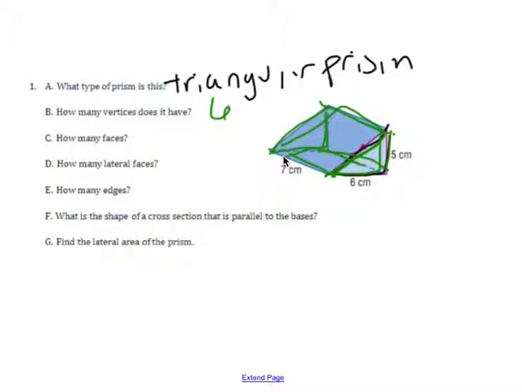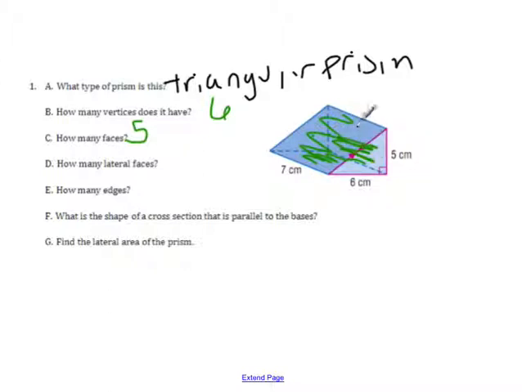So I counted that there are 5 faces. Now we want to know how many lateral faces there are. The lateral faces are faces that are not the base. If we have this as a base and this as a base, then there's this shape here, that's a lateral face. This one down here is a lateral face, and this one going up here is a lateral face. So there are 3 lateral faces.